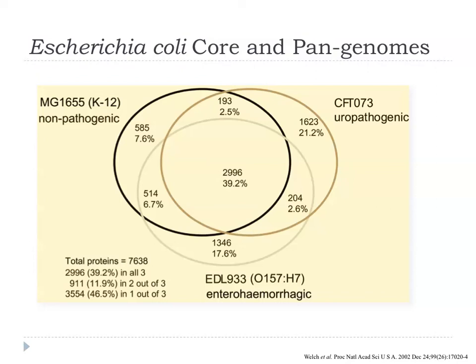Under 40% of the genes were present in all 3 of those strains. And each strain had its own complement of strain-specific genes, and then there were some overlaps between strains as well. So you can see it all illustrated here in the Venn diagram. But out of all the proteins, we have 7,600 and something proteins forming the pan-genome. The core genome was only a fraction of that, just under 3,000 genes.